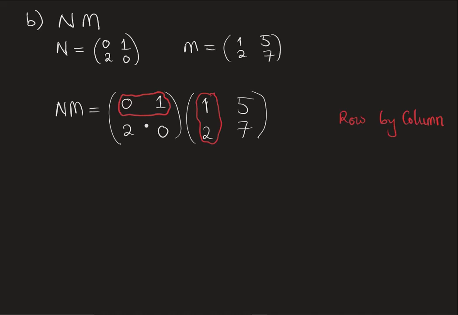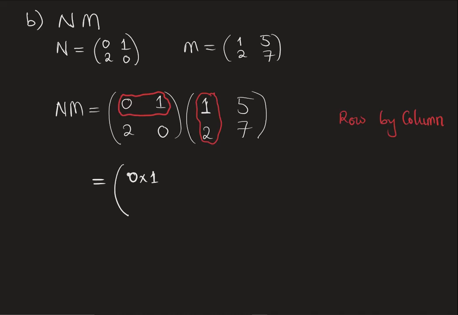Now, when multiplying here, we'll get the first number in the row and the first number in the column and multiply them just like that. NM is going to be 0 multiplied by 1. This one here, don't mistake it for this one here.